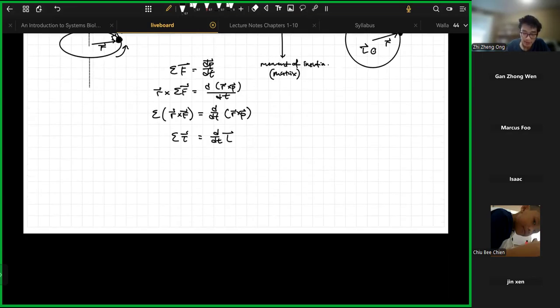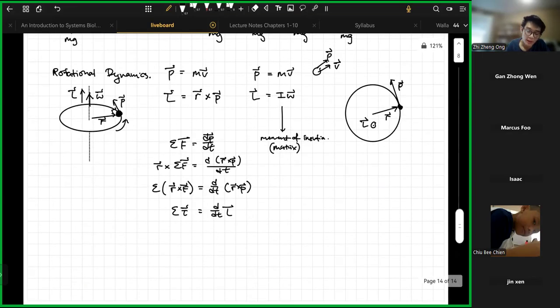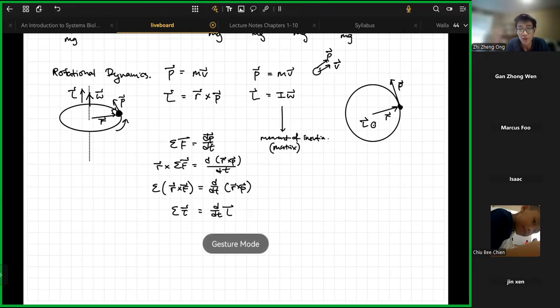Actually no, for the interest of time, since I'm going to be sending out a handout anyway, in the handout there's going to be an example where you will see that L and omega might not always be in the same direction. I just realized we're running out of time, so let's move on. But I will say that this is not always true. It's a matrix, and if you know what matrices do to vectors, matrices bring vectors somewhere else. So they might point in a different direction depending on the system.